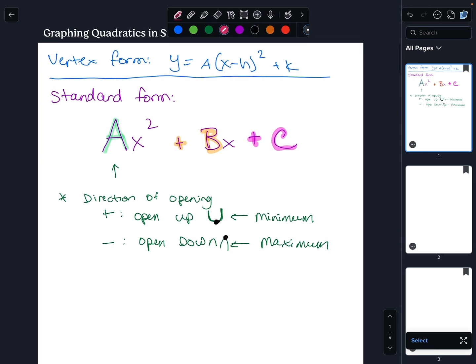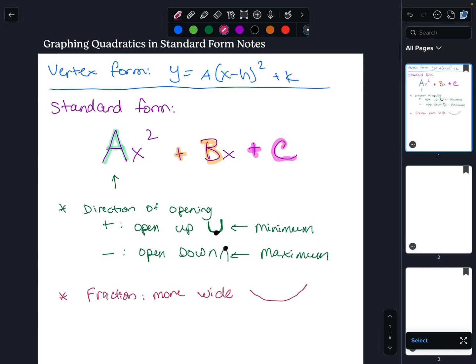A also will tell you if your a is a fraction, that means you're going to have a more wide parabola. It could be wide like that.